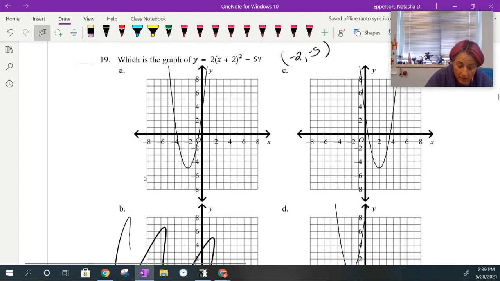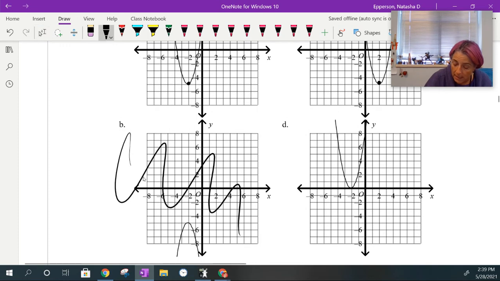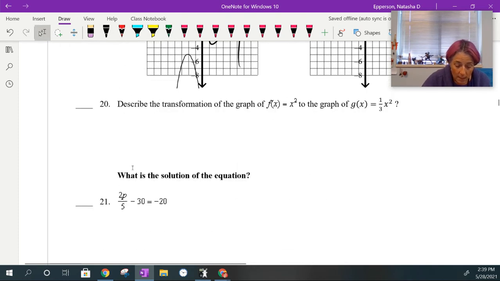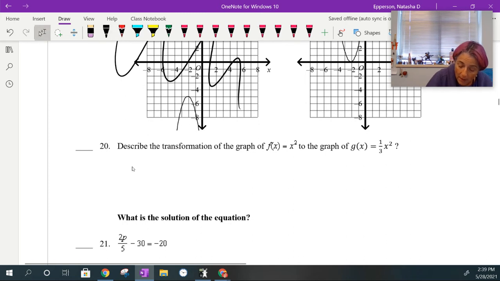Let's see, this is -2. That's right about -5. This is +2, -5. So our answer is A. D is at -2, 0. So D is out.